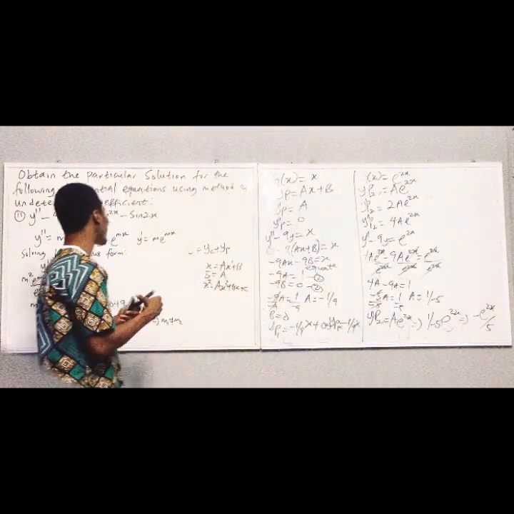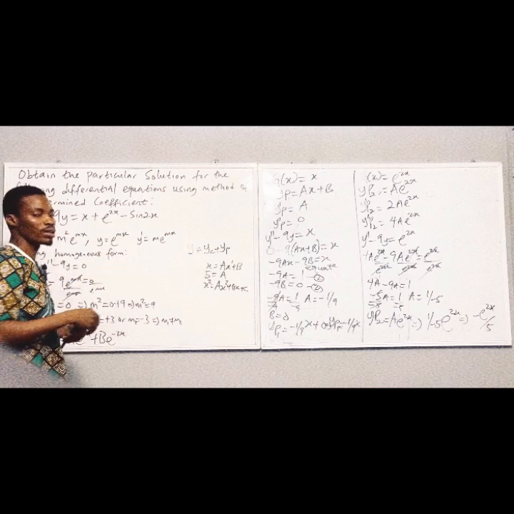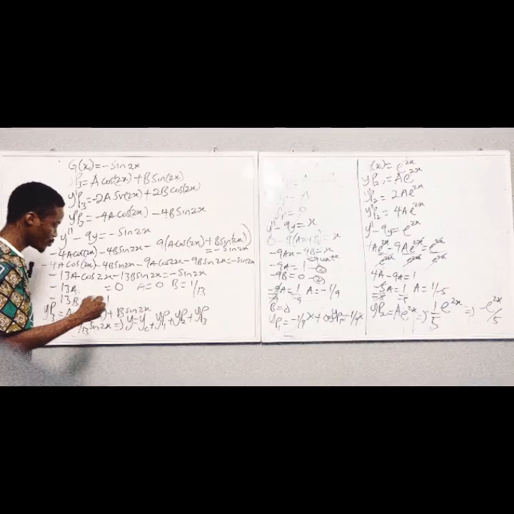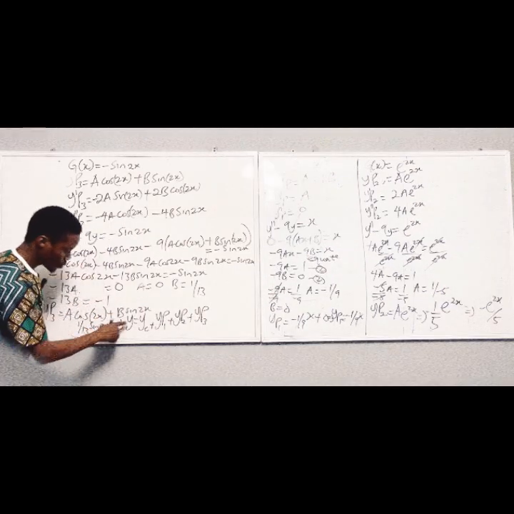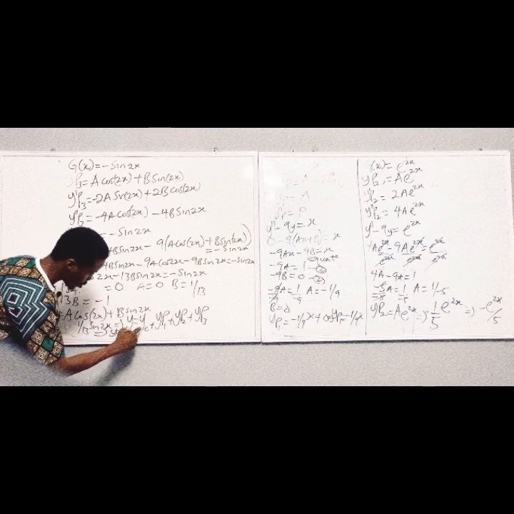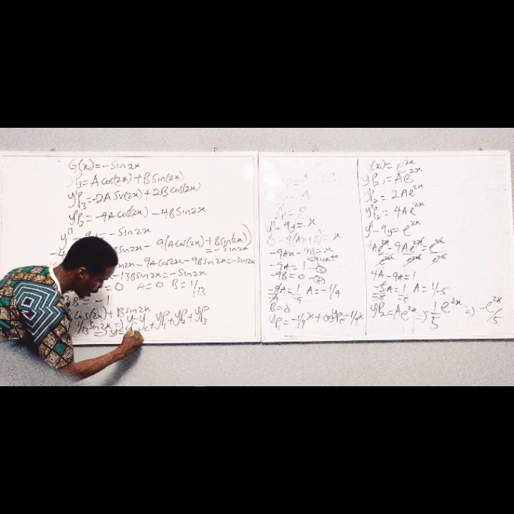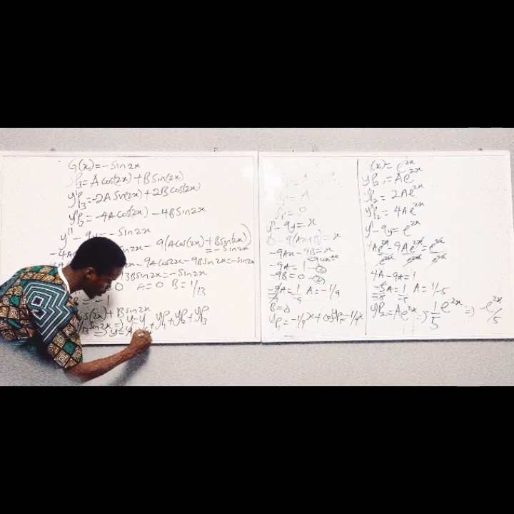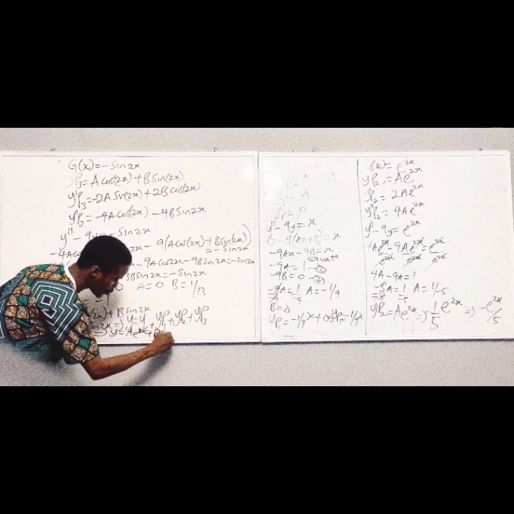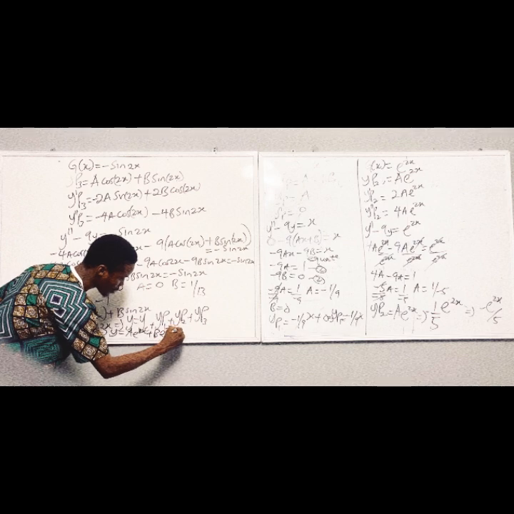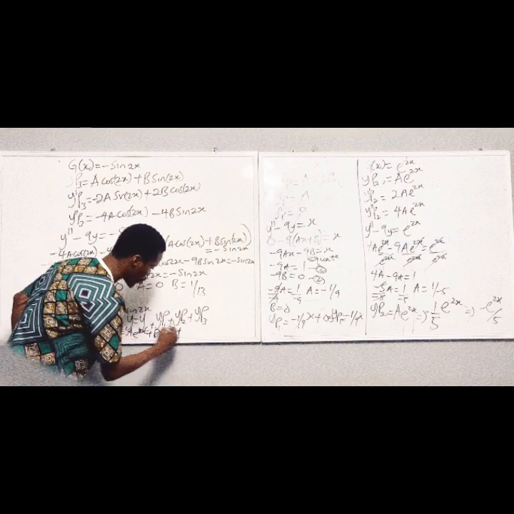So let me now consider sin 2x. My final solution will now be my y, what's my y of c? That is the final solution: A exponential 3x plus B exponential minus 3x. Then plus my yp1.